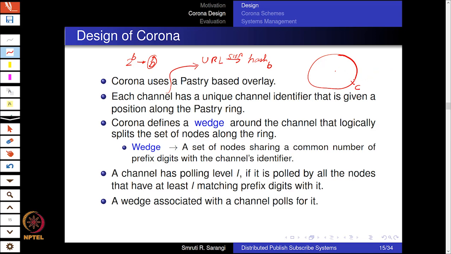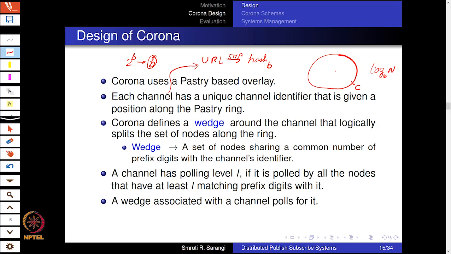The idea here also is the same, that the closest node to the channel is the owner of the channel, right? And it is expected that the level of the match will be log n to the base b, right? So that is the expected value.